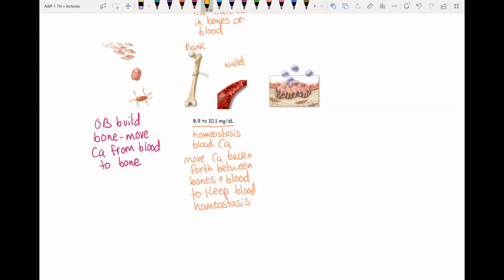And we know that the osteoclasts are how you withdraw that calcium. So osteoclasts dissolve bone to move calcium from bone, which is your savings account, to blood, your wallet, the calcium you're using.